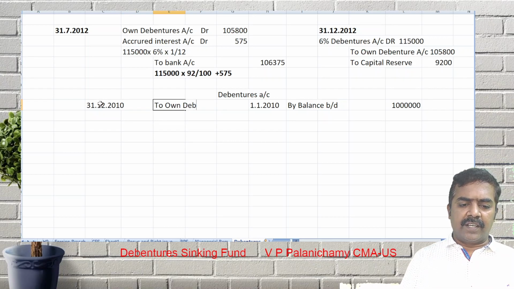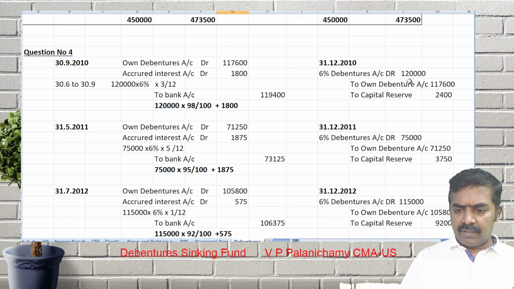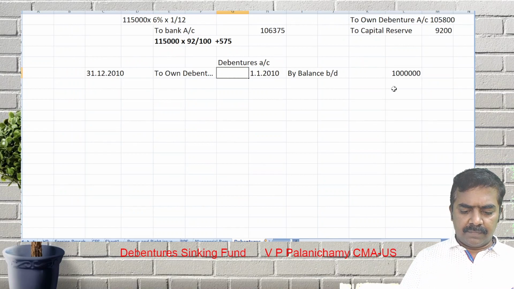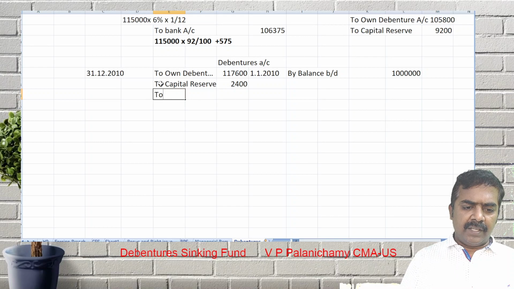Own debentures எவ்வளவு cancel பண்ணிருக்கோம்? First year 1,17,000 to capital reserve னு போட்டுரும் 2,400. The remaining balance will continue.